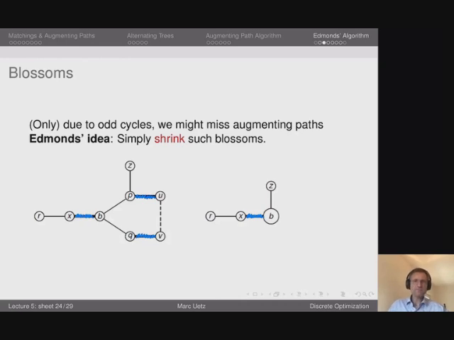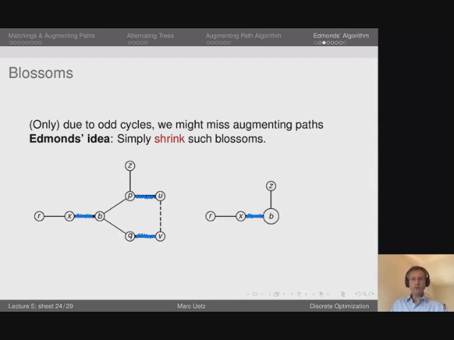When you look at this flower here, the idea is, okay, the odd length cycle seems to be troublesome for my algorithm, so let me just forget about it. Let me just compress all this stuff together into one node, one supernode B. That's the idea. I just shrink the blossom.